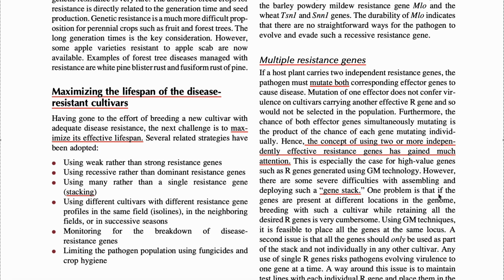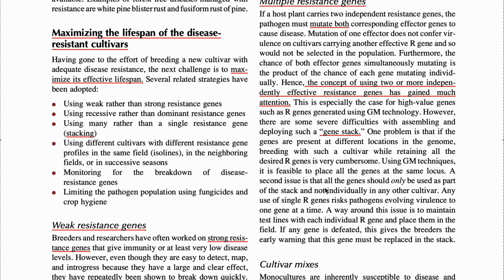One problem is that if the genes are present at different locations in the genome, breeding such a cultivar while retaining all the desired R genes is very cumbersome. Using GM techniques, it is feasible to place all the genes at the same locus. A second issue is that all the genes should only be used as part of the stack and not individually in any other cultivar.